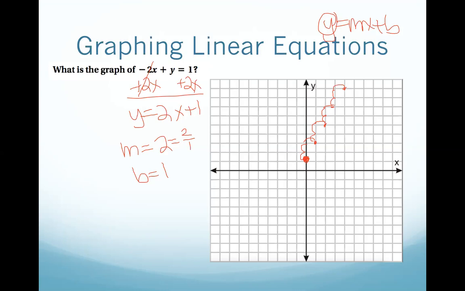If you have a ruler, you only have to find 2 points and then you can draw your straight line with your ruler. If you don't have a ruler, what you're going to do is do as many points as you can and then draw as straight as you can through that. I will not dock points if it's not perfectly straight. However, if I see something that looks like this, that will lose points because that's not going through the correct points. Okay?